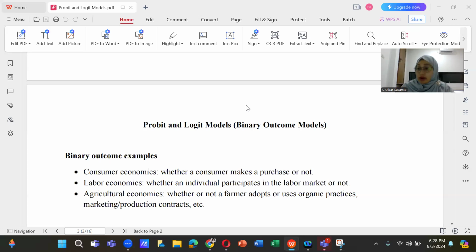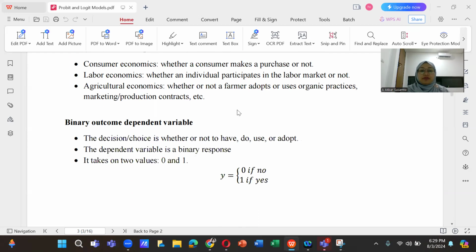Then in labor economics, you can use the Logit or Probit model to choose whether an individual participates in the labor market or not. You can also apply it in agricultural economics, whether or not a farmer adopts or uses organic practices or pesticide. For example, the farmer adopts or uses marketing or a production contract, etc.